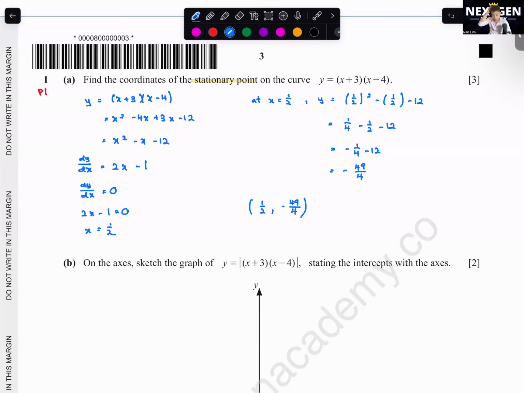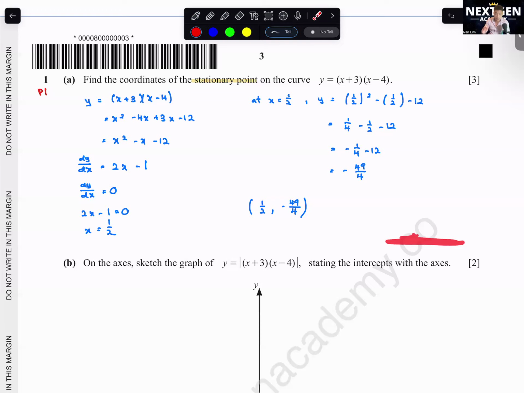One more tip I want to highlight to you all. It's very hard for the marker to see where your answer is if you write it somewhere in the middle. So if you want to present your answer, do it like how you answer mathematics. Normally at the bottom right, there's a space for you to fill up the answer.